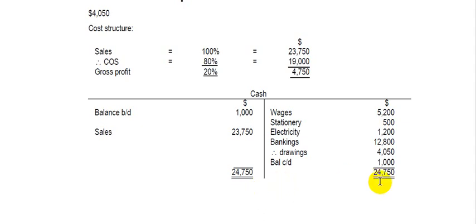So you add both sides to get on the debit side 24,750, which is a higher figure. You bring it on the credit side as well, then subtract all the expenses from the 24,750 to give you 4,050 as our drawings.